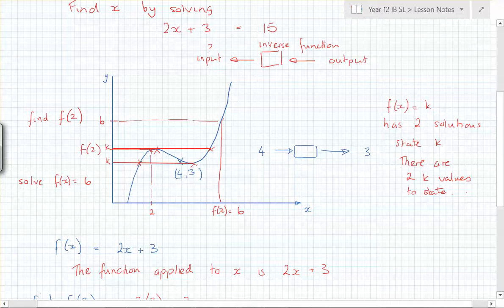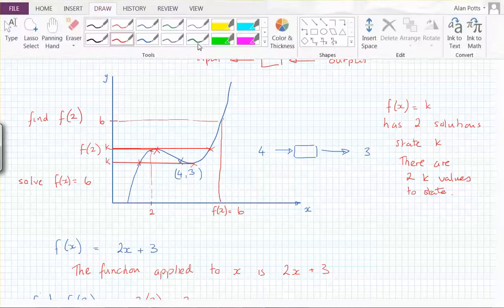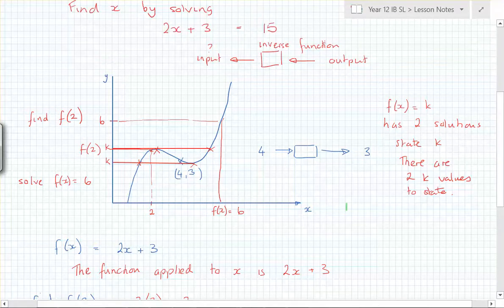Between those 2 values of k, how many solutions are there? I said how many solutions rather than how often there are 2 solutions.